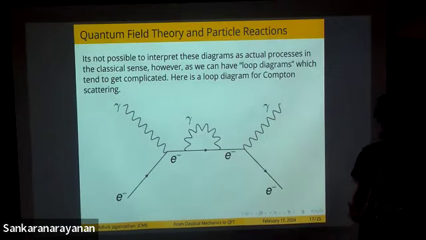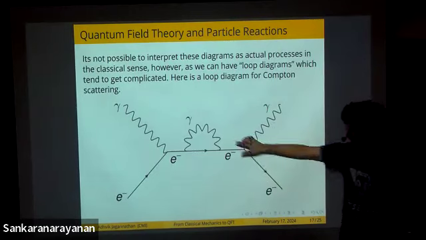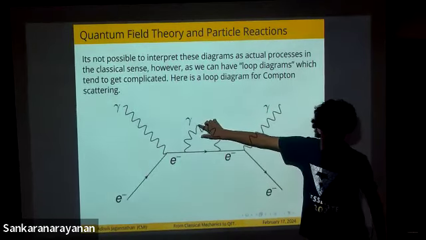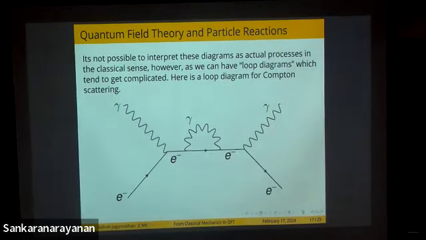That's completely possible. You just have another loop in the process. You can have such a thing in the middle of this loop, and that's allowed. So as you increase the number of loops, the number of diagrams also increases very rapidly. You have infinitely many diagrams.